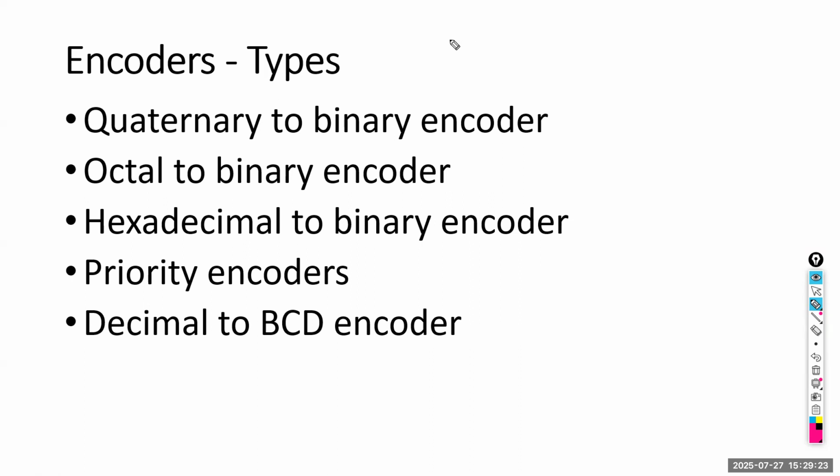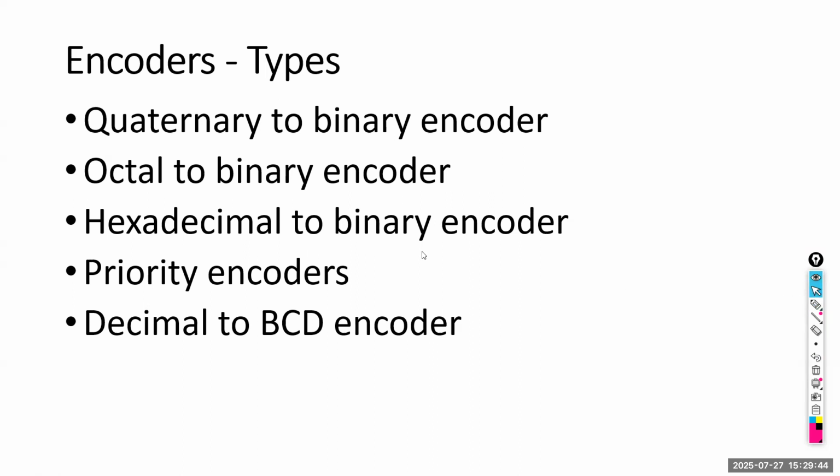But we will look at only one type of encoder just to give you the feeling of a possible usage of encoder. We don't go into details because our subject is not digital electronic engineering. Let engineering students learn that.